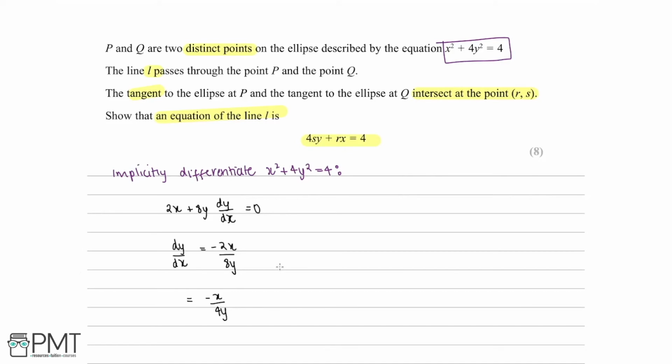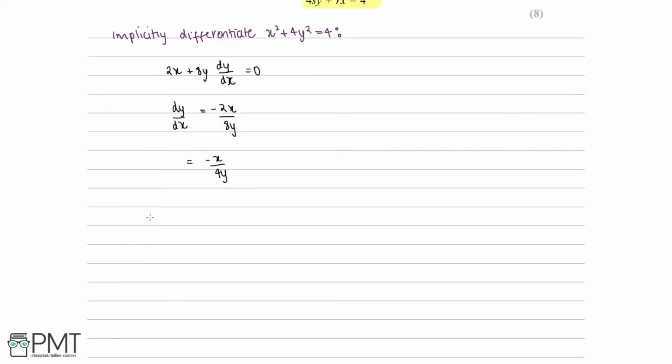Well, we don't actually have a coordinate for P at the moment, so let's just put in a general point that P can be described as the coordinates xp and yp. And thus, using P's general coordinates, we can plug in our values of x and y at point P in order to get the gradient of our tangent at point P. So thus, dy by dx at point P, so when x is equal to xp, is equal to minus xp all over 4yp.